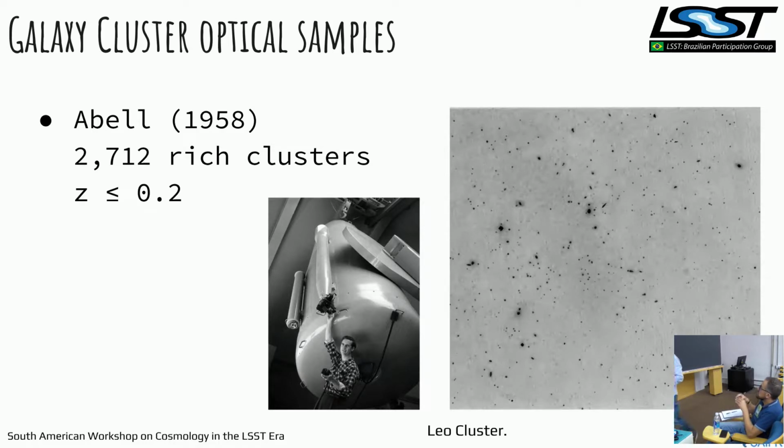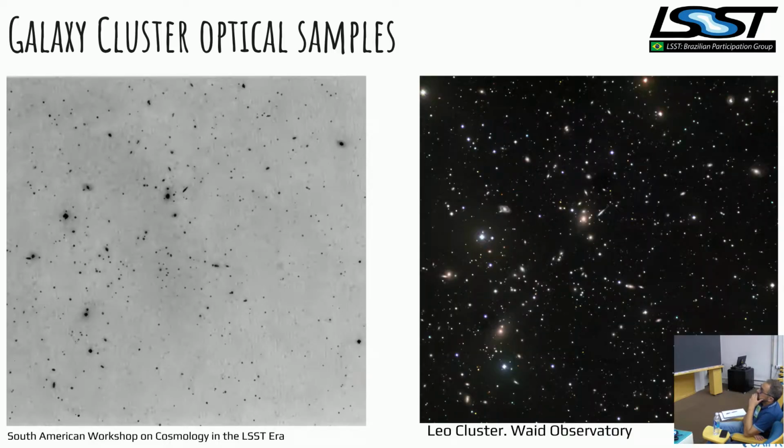So this first catalog had almost 3,000 rich clusters up to redshift 0.2, and this was also sort of superseded by the technology of digital imaging, right? This is actually from a small telescope, sort of an amateur image.